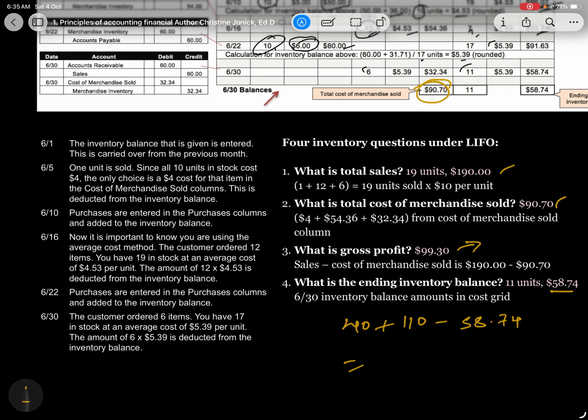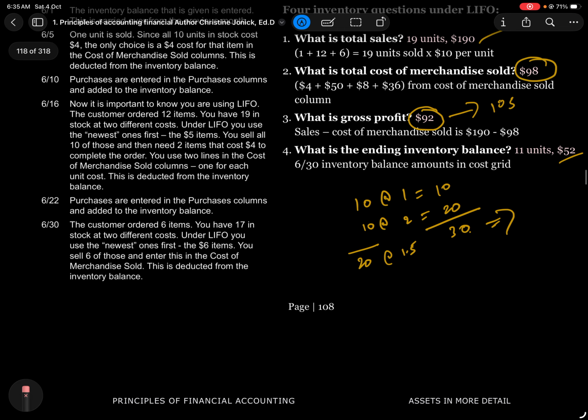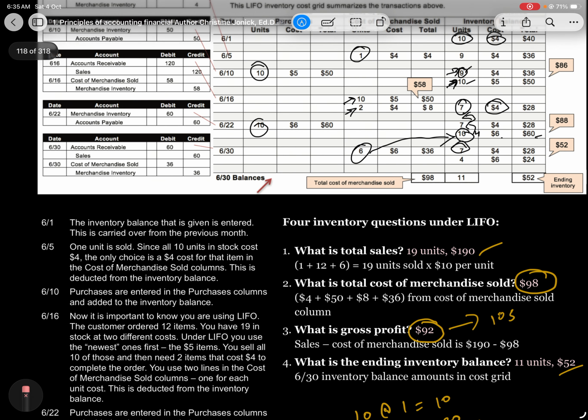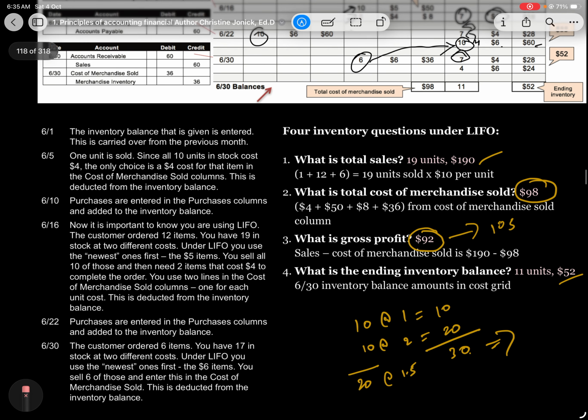So this would amount to... it's a little bit different, but if the question was proper, it would have been all right. It would be better over here.